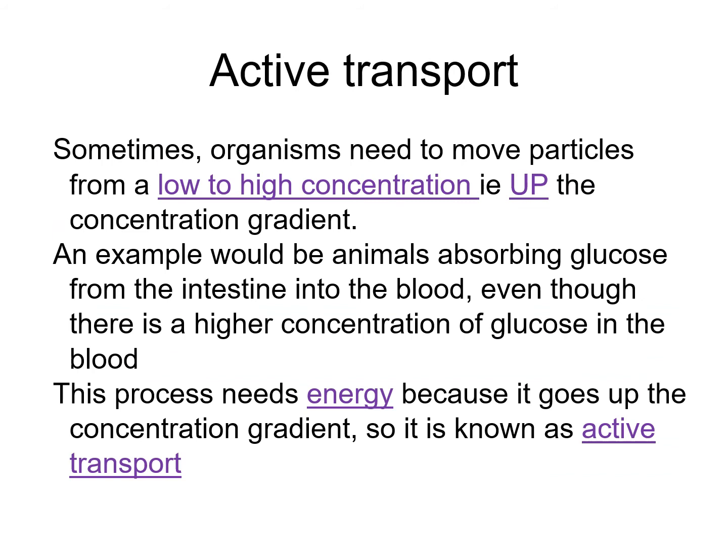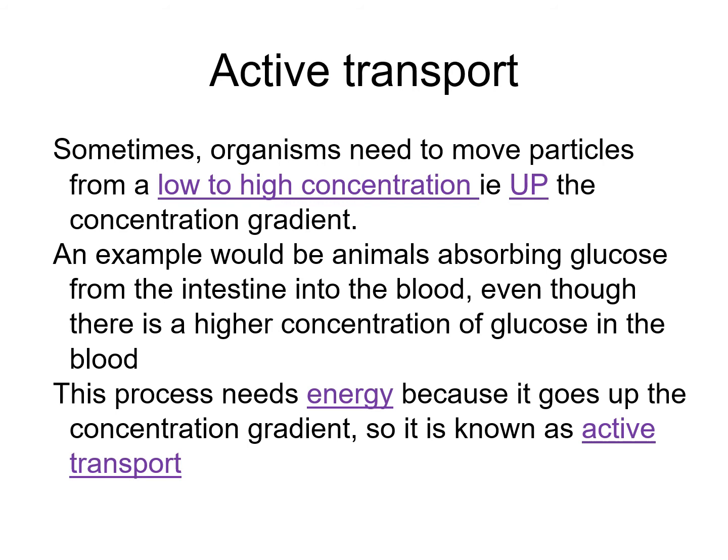Now we're moving on to active transport. There are occasions when organisms need to move particles from an area of low concentration to an area of high concentration. So they're going up the concentration gradient. So an example of this in animals and in humans is that we have glucose in our blood.